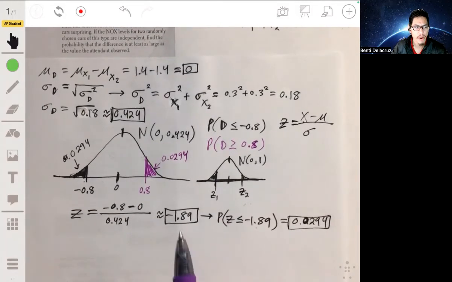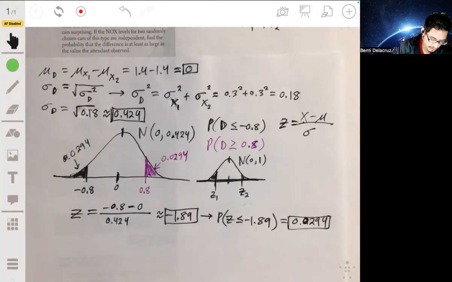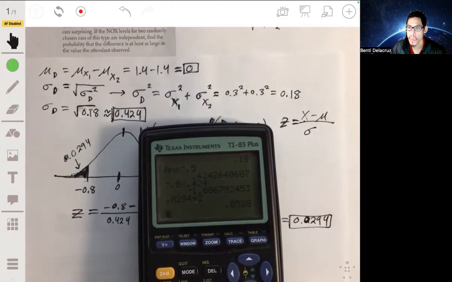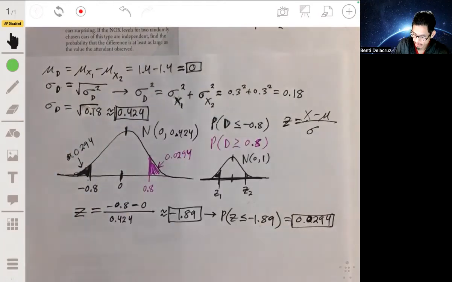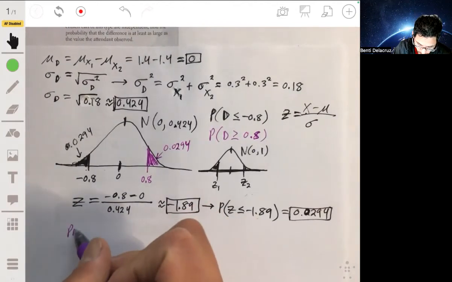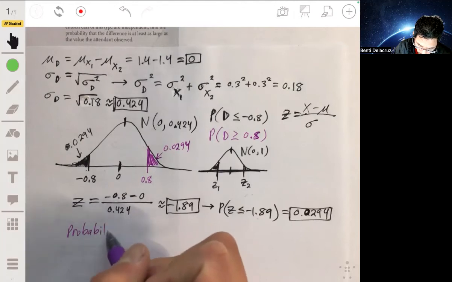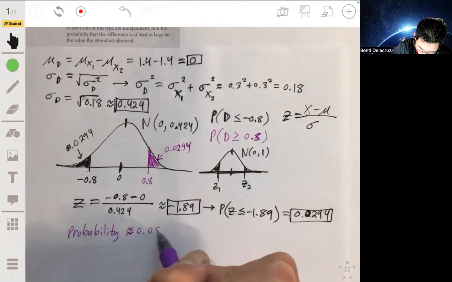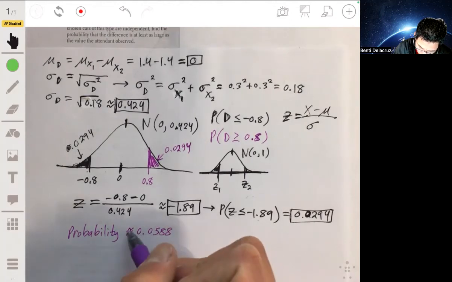So your total probability is adding these two together. You do 0.0294 times 2, and you get about 0.0588.